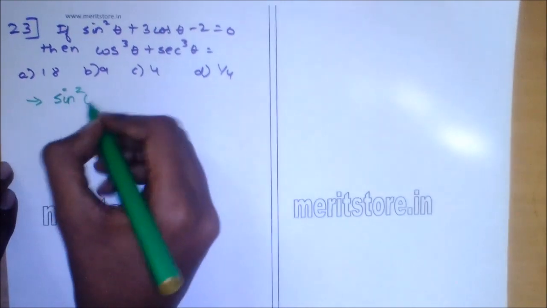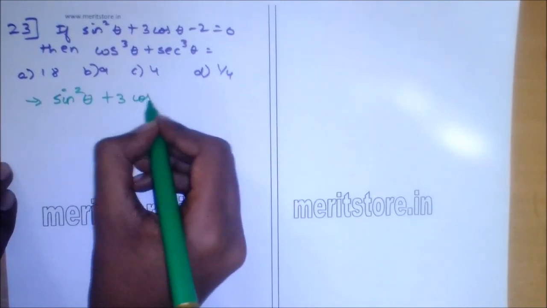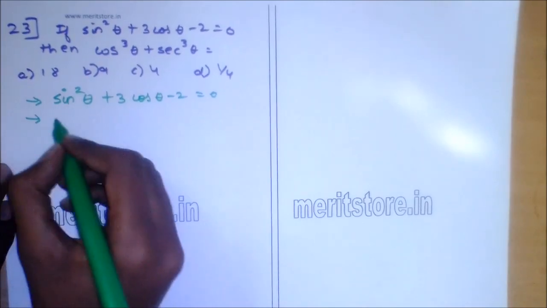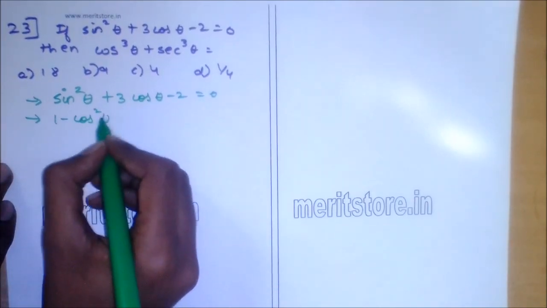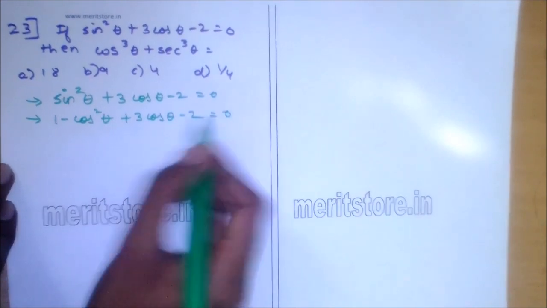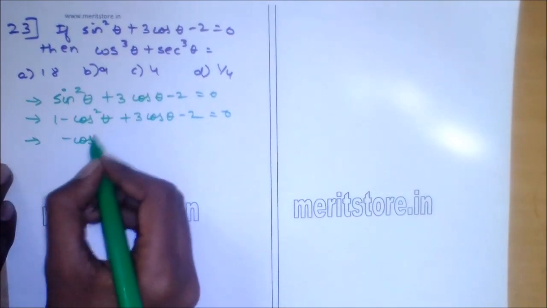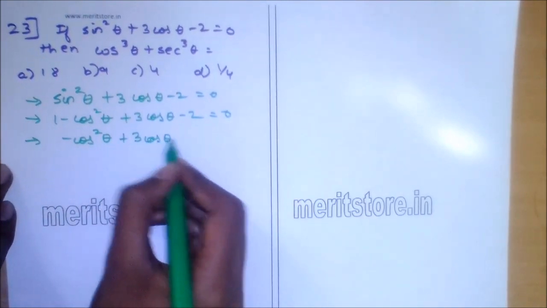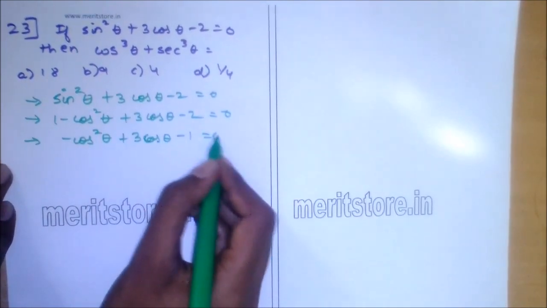Sin square theta plus 3 cos theta minus 2 is 0. Sin square theta can be written as 1 minus cos square theta plus 3 cos theta minus 2 equals 0. So this is cos square theta plus 3 cos theta minus 1 equals 0.